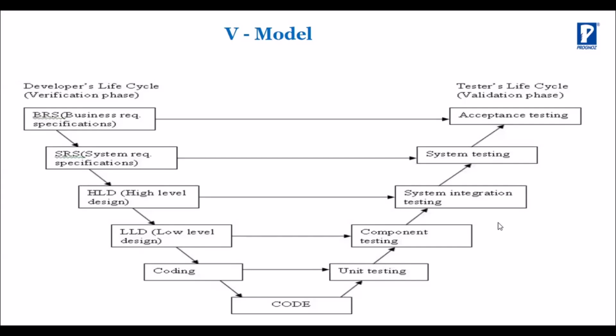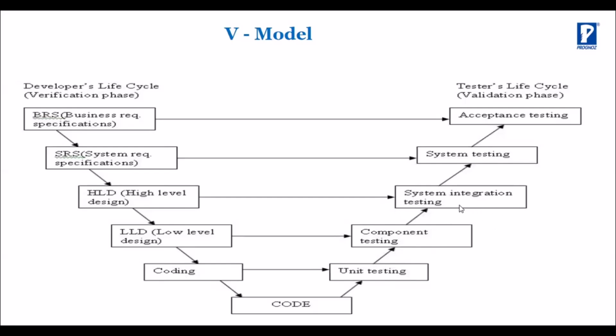If it is a top-down approach, the top modules are developed on priority; with bottom-up, the bottom modules are developed. We can discuss that later in today's session. Once you are done with unit testing, you can refer to the low-level design and perform the component testing. Once component testing is done, you can go ahead and perform system integration testing.